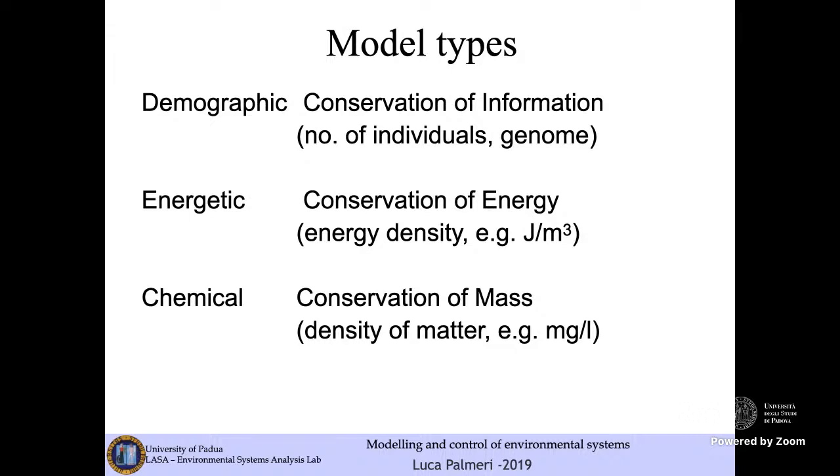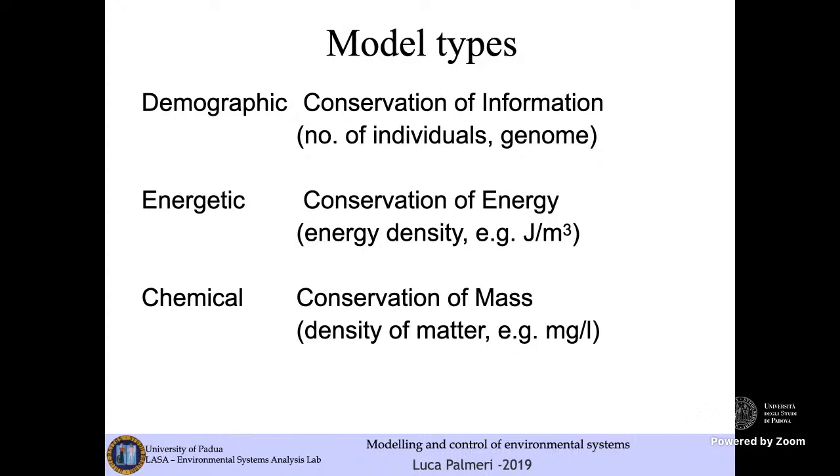Again, there are distinctions that depend on the objective of the model. In particular, for example, if you are building a demographic model, in this case, we may employ principles of maximum generality, that may be that of the conservation of information.